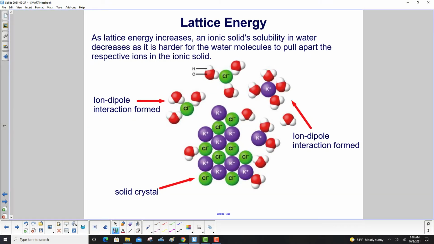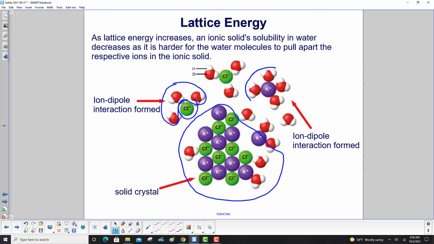As lattice energy increases, an ionic solid's solubility in water decreases as it is harder for the water molecules to pull apart the respective ions in the ionic solid. So here's our solid crystal, our ionic solid, potassium chloride. Up here, we see the water molecules pulling away a chloride ion with an ion-dipole interaction.